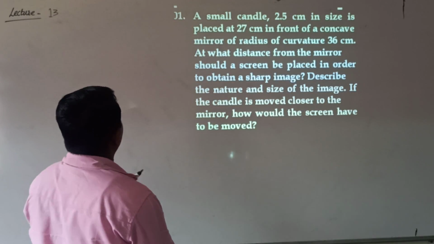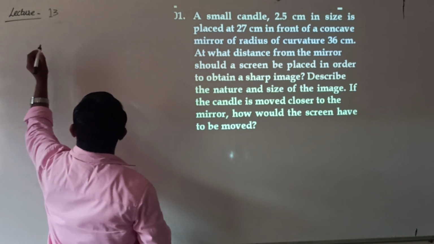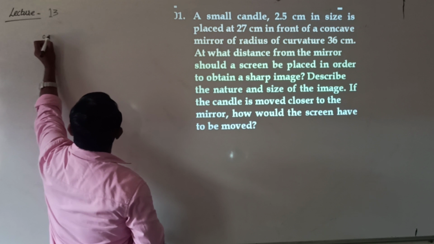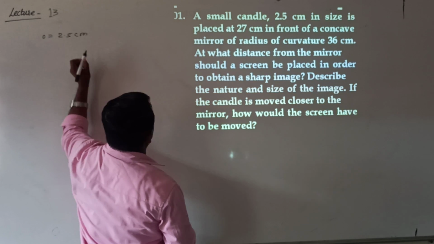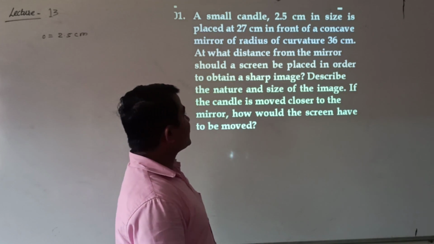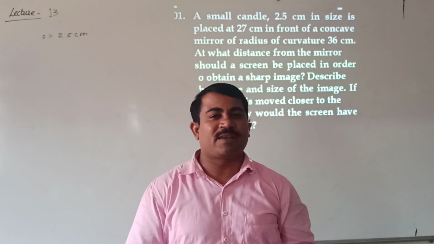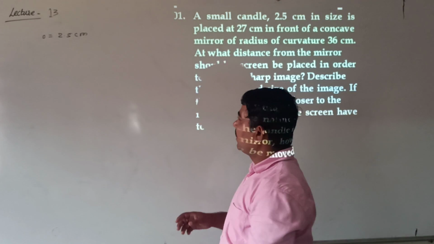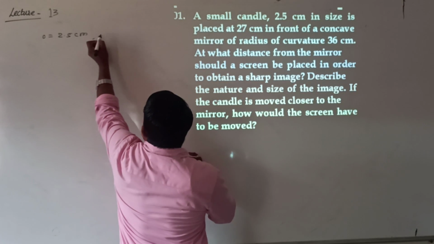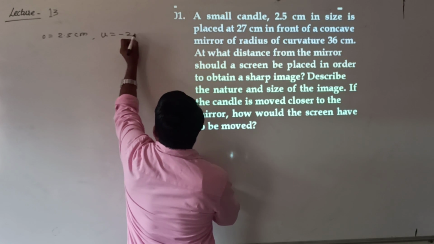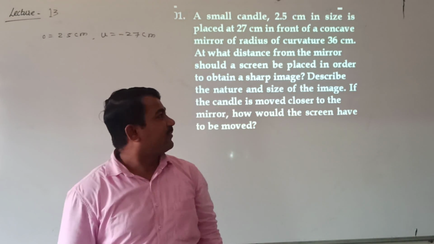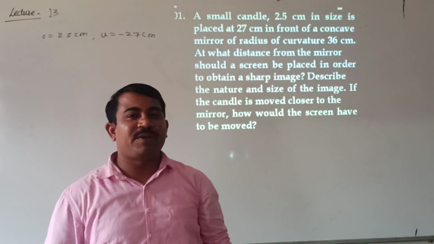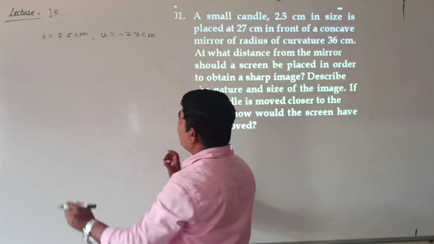Look at me. A small object size O is given, 2.5 centimeter in size, placed 27 centimeter in front of the concave mirror. Object distance is given, that is U equals minus 27 centimeter.